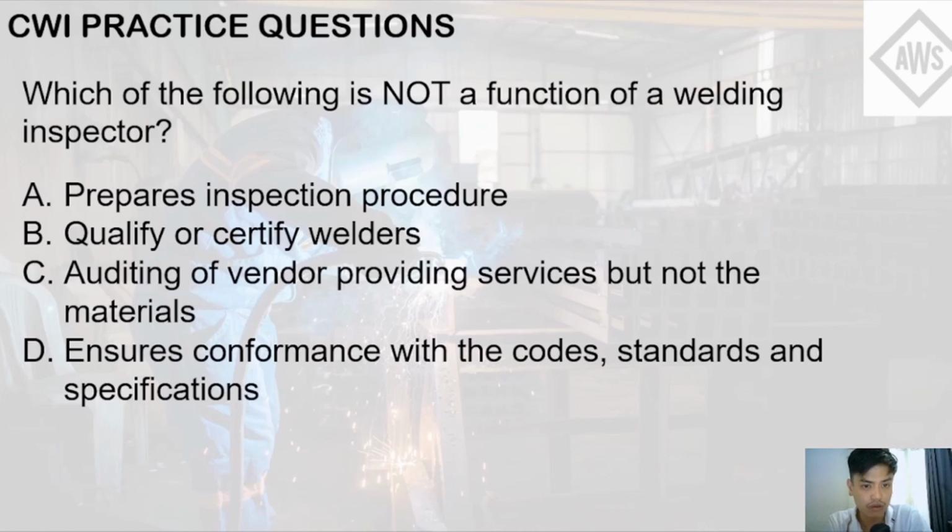Letter C, auditing of vendor providing services but not the materials. So for example, when a refinery or a plant is in shutdown, the welding inspector may be instructed to audit the vendor providing the services, but the last phrase is not good, because he's also in charge of providing audit or inputs on the base metal or the materials that will be used in welding.